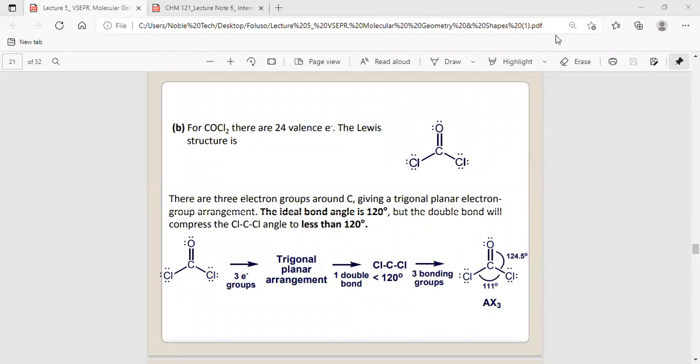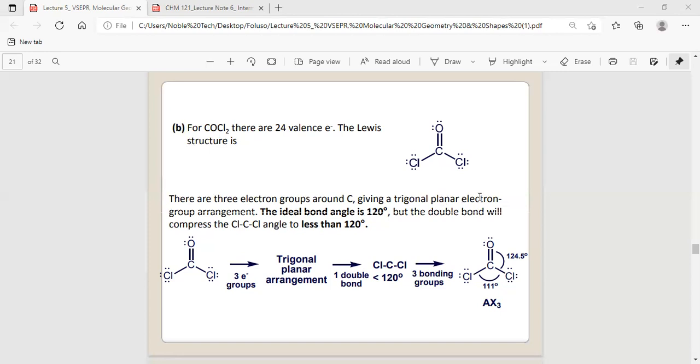The last time we met, in the last class, we were looking at valence shell electron pair repulsion theory. We were not able to finish the class, so I will build on what we have learned and move on from there. We are looking at the effect of double bond on the bond angle. We mentioned that in this particular molecule, COCl2, you have an sp2 hybridization.